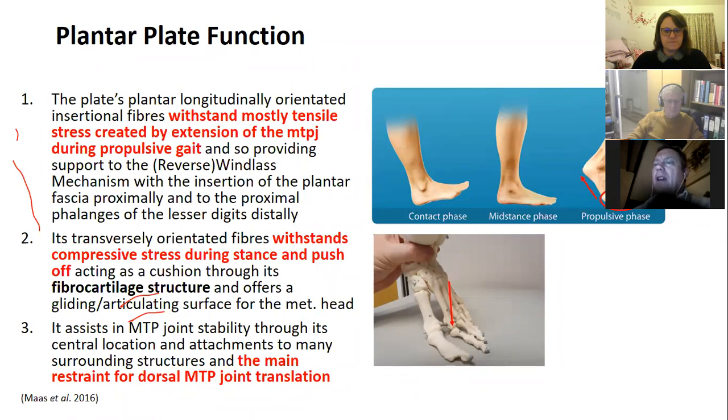Okay, now what does it actually do? Well, if we look at the top diagram, we can see in the far right-hand side, it says propulsive phase. Now, when you're propulsing, taking a step, and we look at the diagram underneath, there's a lot of pressure going from those metatarsals onto the floor.